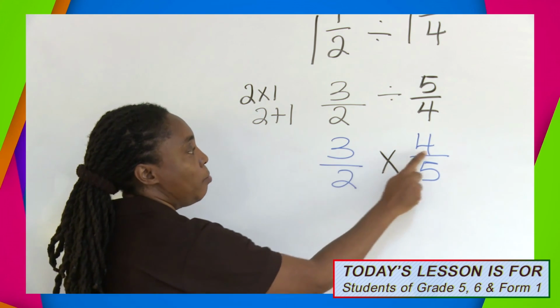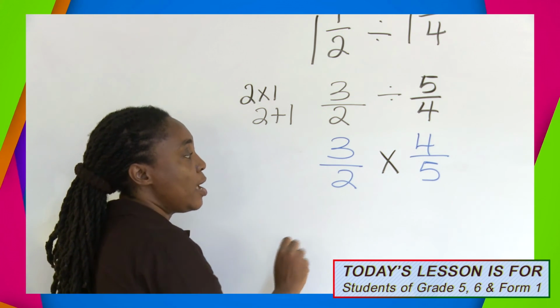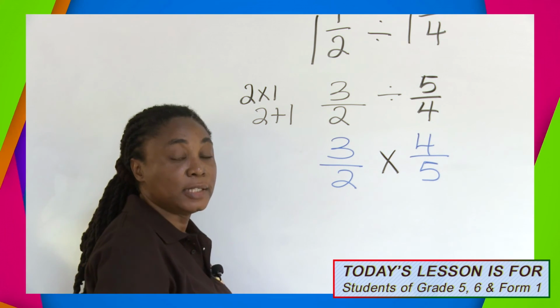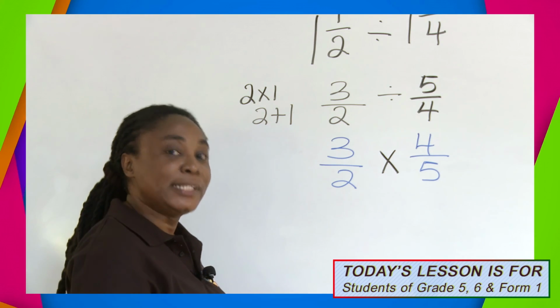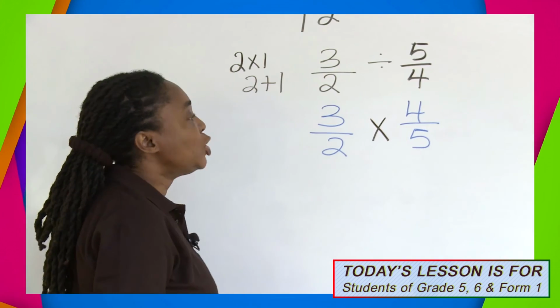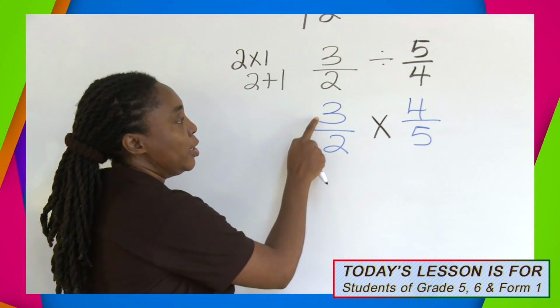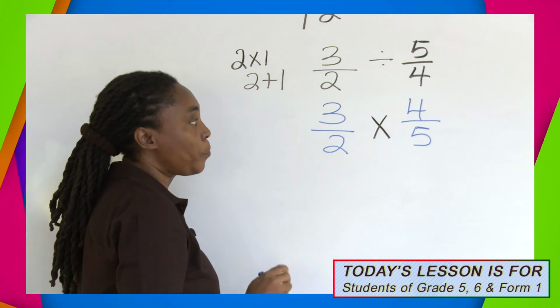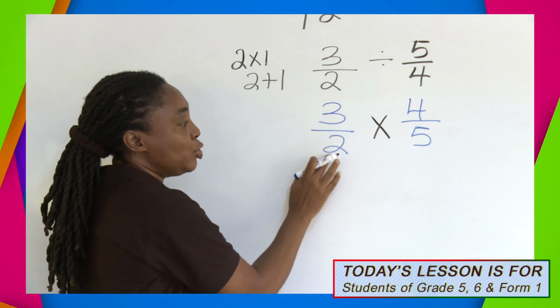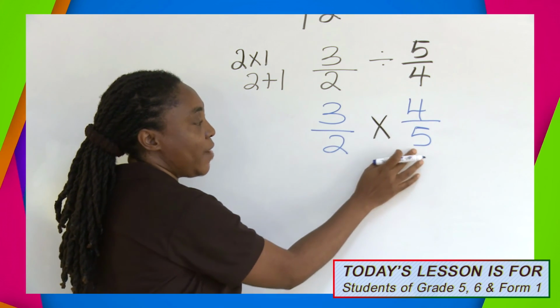Remember, we can multiply the numerators and then multiply the denominators, or we can simplify the fractions first. Today, we will simplify the fractions. So remember, we'll use a numerator or we'll use a denominator. We have 3 and 2, we have 4 over 5.